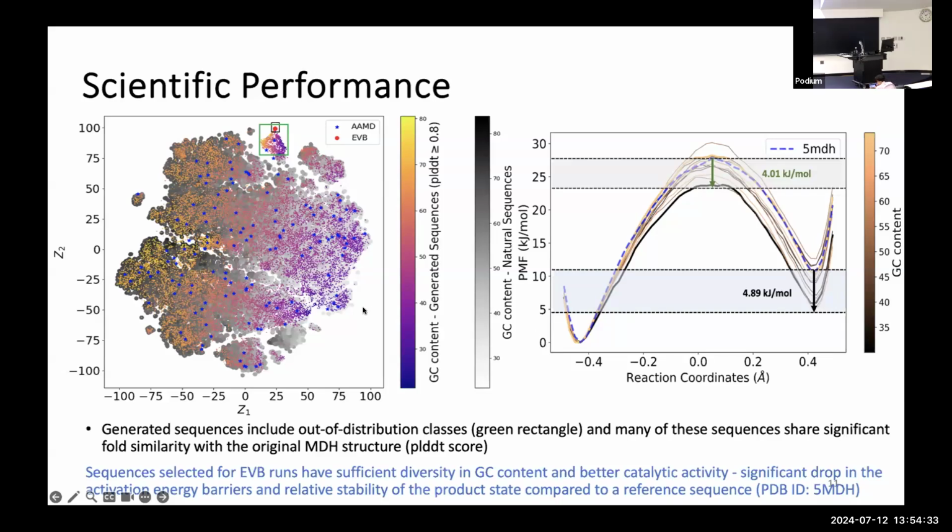Anything you can share on the accuracy level of the EVB for these kinds of activity assessments? If we wanted to build a multi-fidelity style approach, is there something we might think about there? That's a great question, Ankit. One process that we have started is we can correlate some of these reaction profile values to experimental measurements, and I think that would be the best validation that we can get.